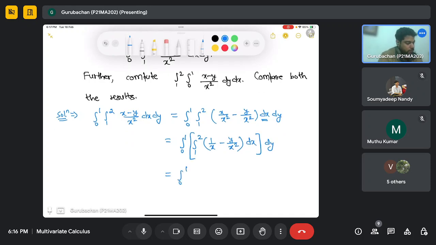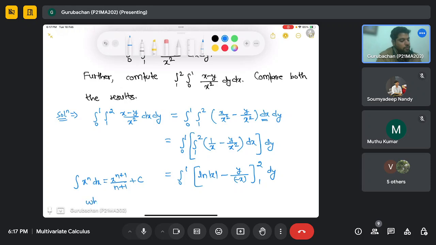So it will give us ln mod x minus y by minus x, from 1 to 2, dy, by the formula that the integral of x to the power n dx is x to the power n plus 1 divided by n plus 1, plus c, where n cannot be equal to minus 1.